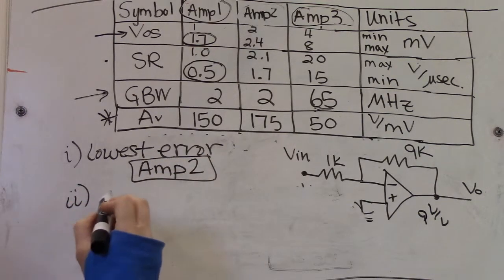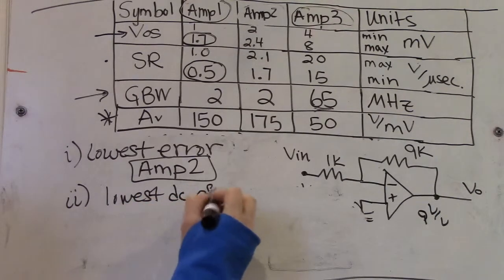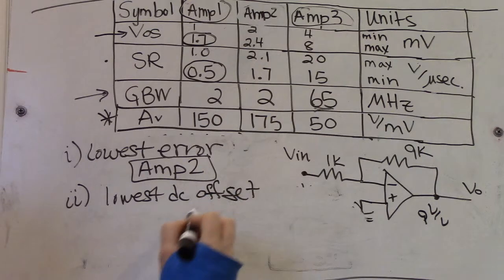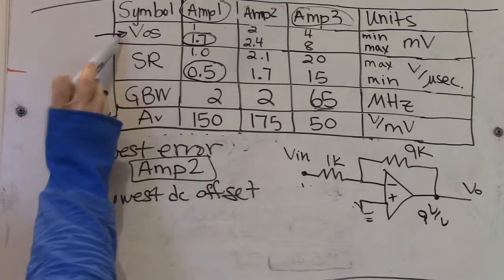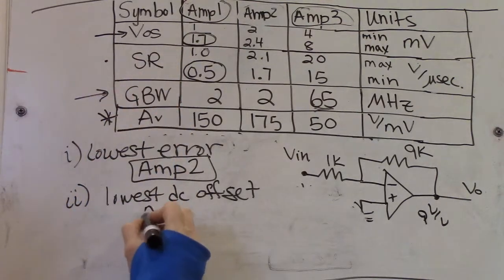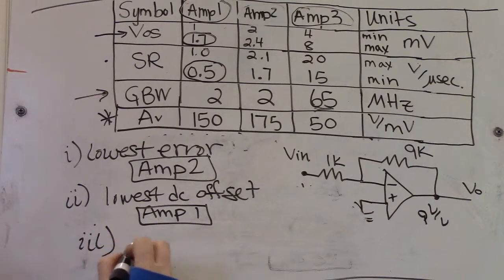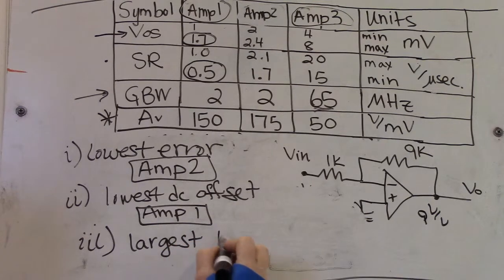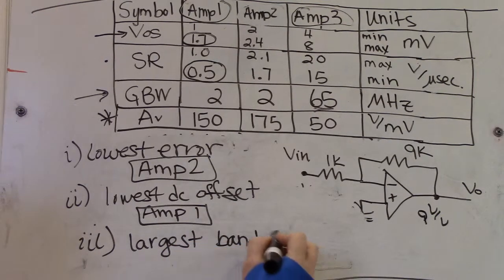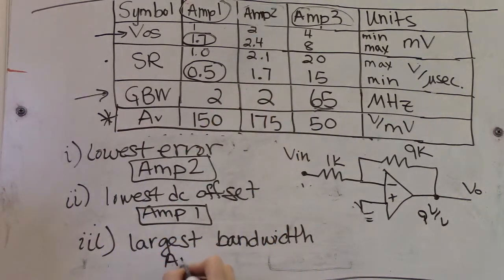If I want to know the one that gives the lowest DC offset, it is the one with the lowest voltage offset value, so that's going to be amp 1. And the one that gives you the largest bandwidth possible is the one with the largest gain bandwidth product, so amp 3.